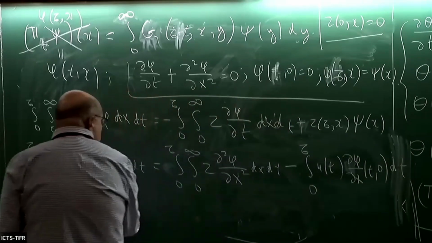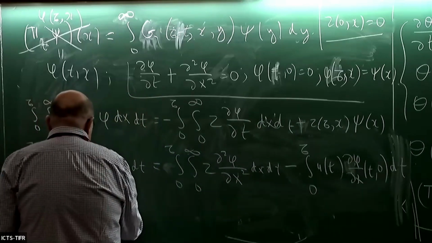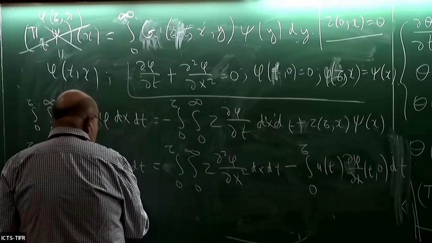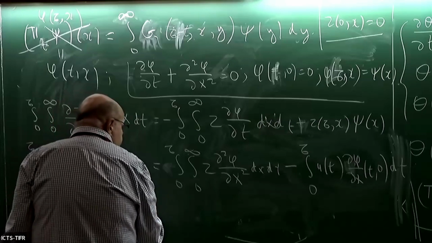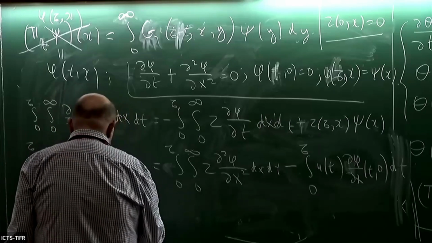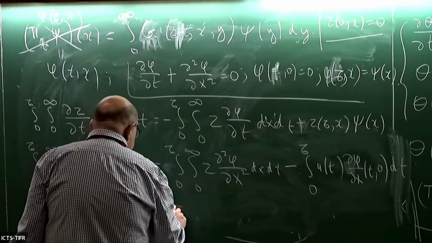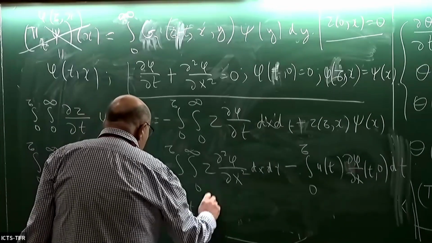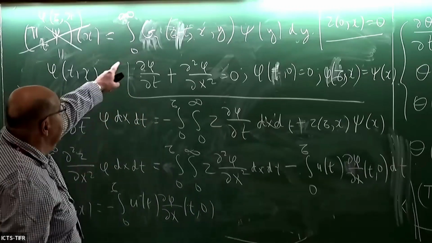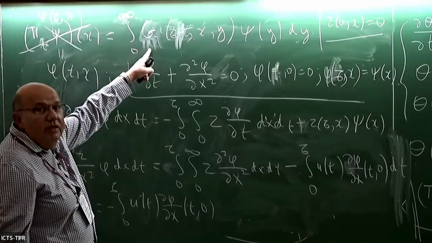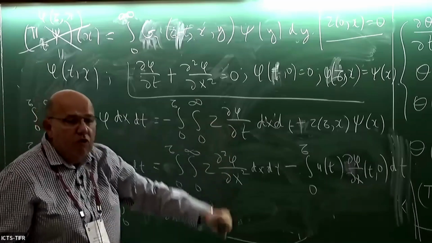So it will be equal to minus integral from 0 to tau of u of t d phi over dx at t0. And now, if I replace phi with this, I get exactly my formula.